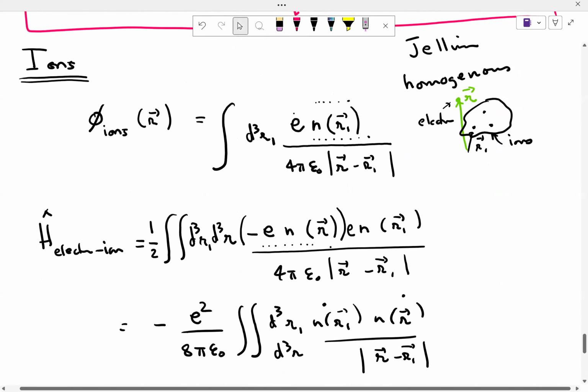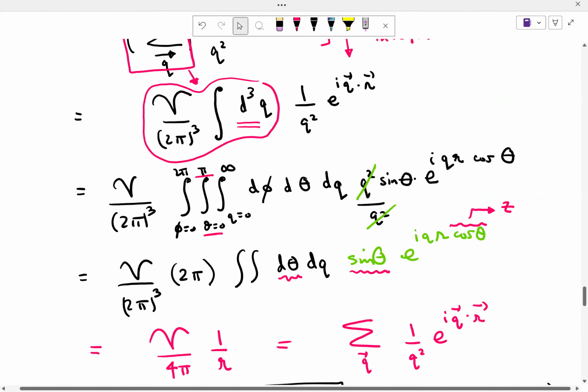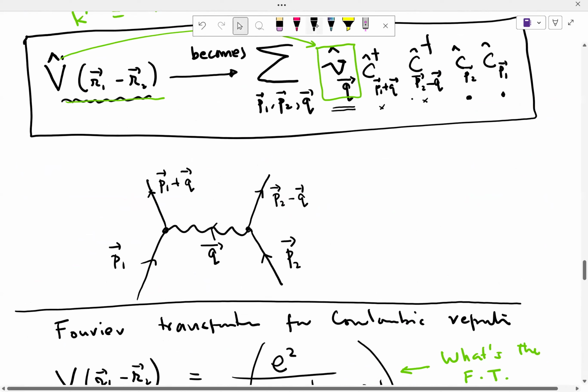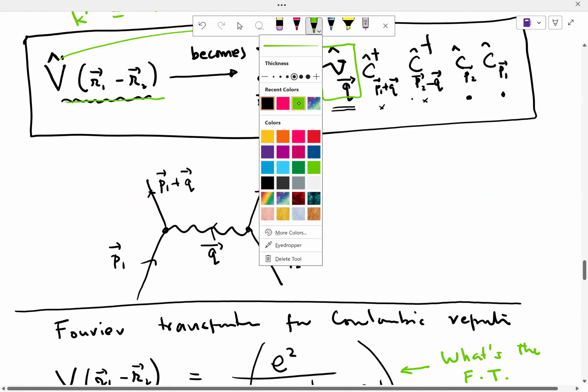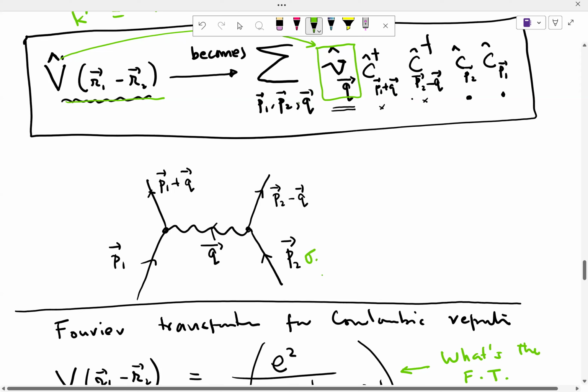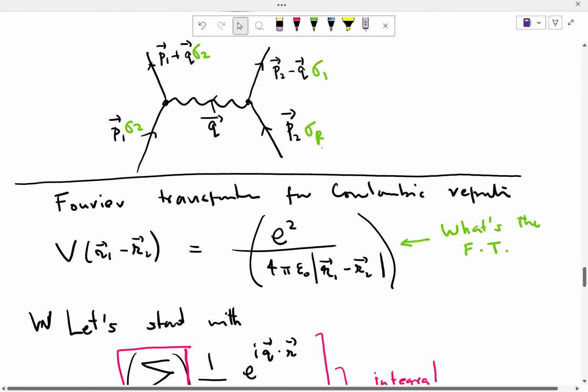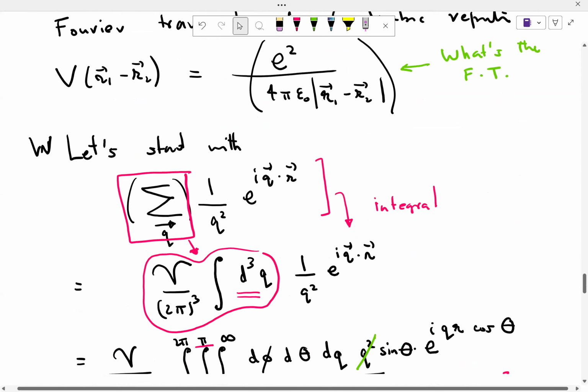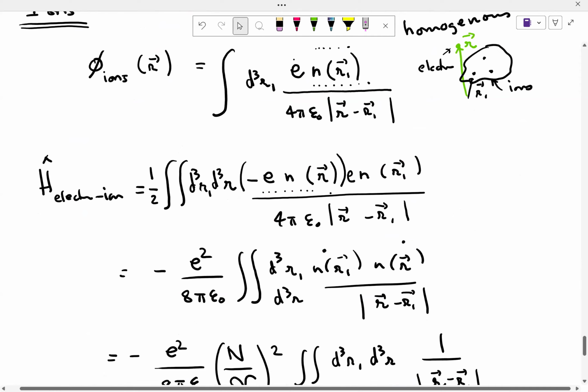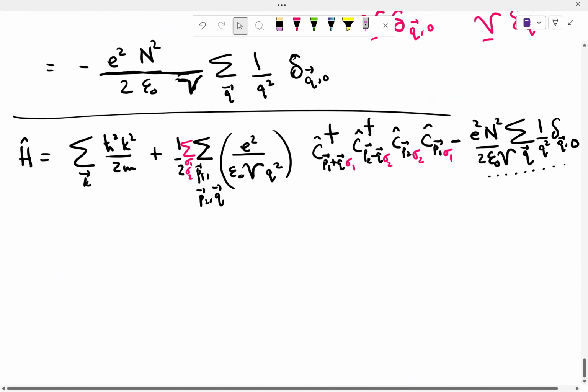So this really means that if I look at my Feynman diagram here, this is sigma 2, this is sigma 1, sigma 2, sigma 2 here, and sigma 1 here. So my quantum states now consist of both momentum and spin variables. So this is my overall Hamiltonian.